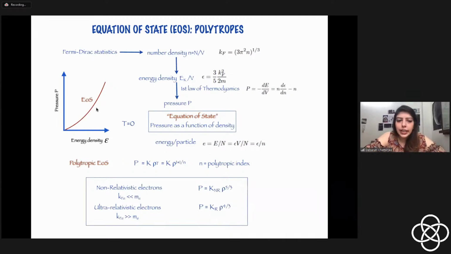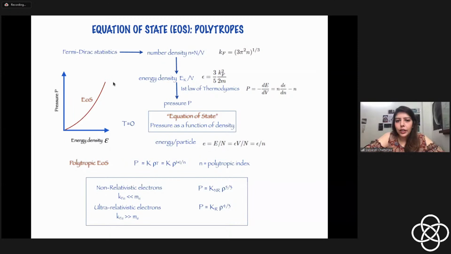These can be represented if you plot this relation. You see a cartoon here on the top. Pressure versus energy density will give you a curve, and this is the representation of the equation of state, the simplest polytropic equation of state in the case of a fermion gas.